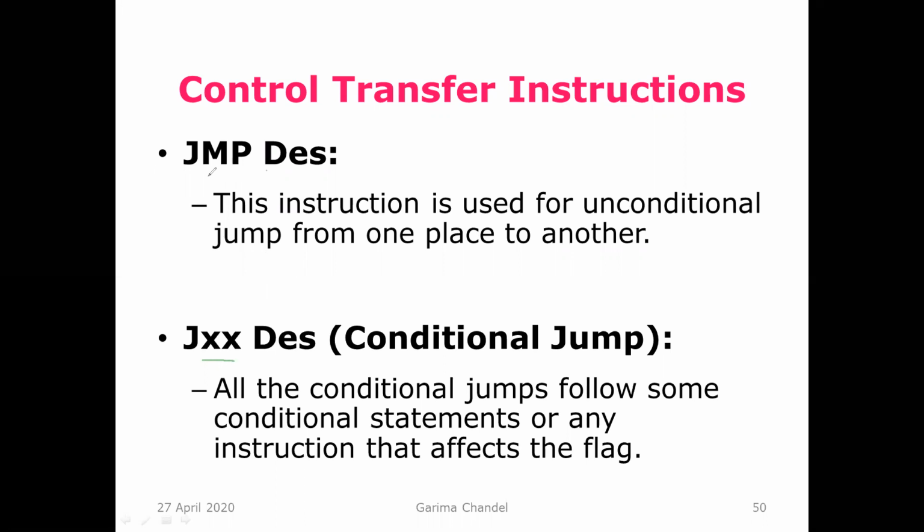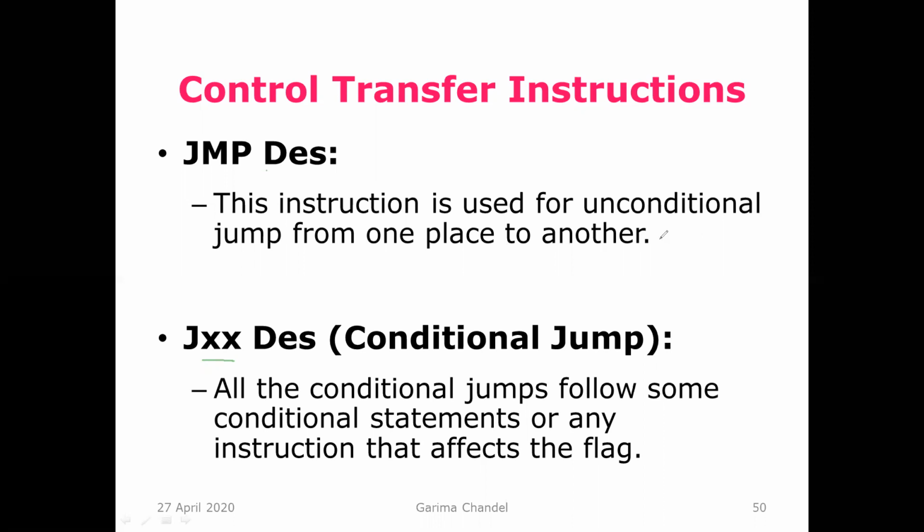The difference between call and jump instruction is that call instructions are used for subroutines. If we are executing the main program, then the control will be transferred to the subroutine program, while these J instructions, conditional jump or unconditional jump, are used within the main program only.